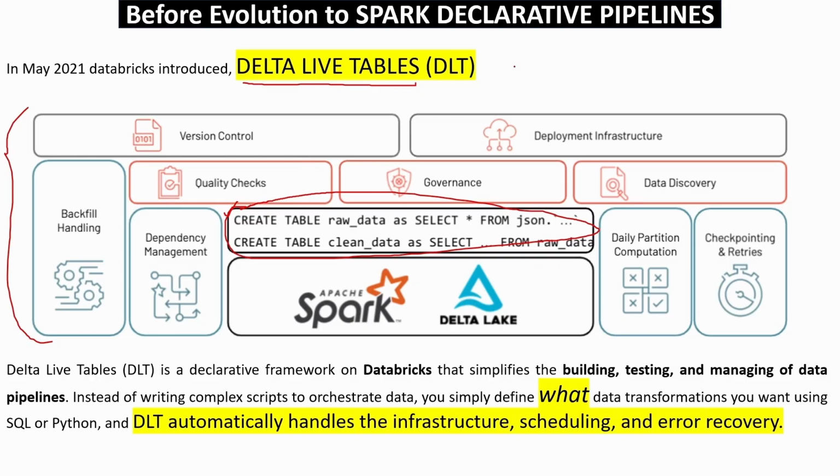Instead of writing complex scripts to orchestrate data, you simply define what data transformation you want using either SQL or Python, and DLT will automatically handle the infrastructure, scheduling, and any kind of error recovery. So this fast-paced the development in June 2022 when it was publicly available. A lot of good things were happening at that time, and it was very revolutionary.